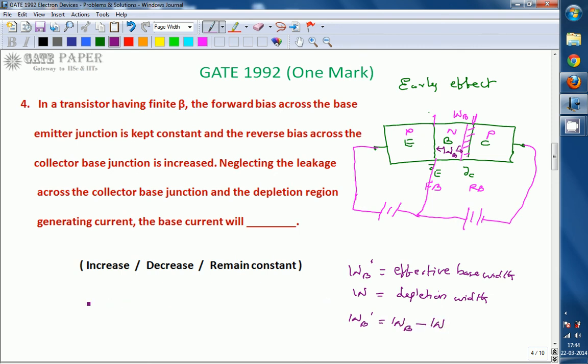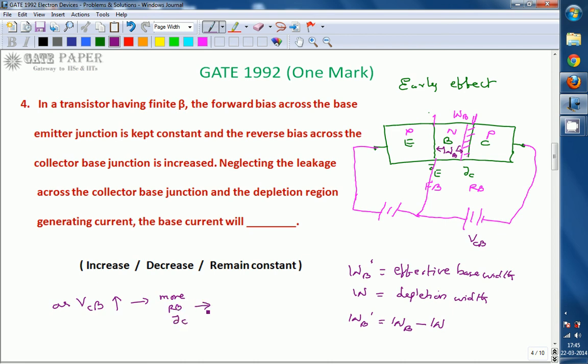As reverse voltage increases, as VCB increases, VCB being the voltage from collector to base, negative terminal towards the P side, that means more reverse bias for JC.